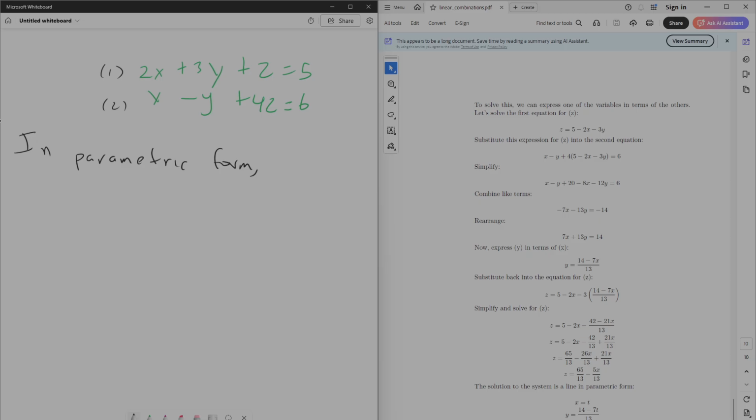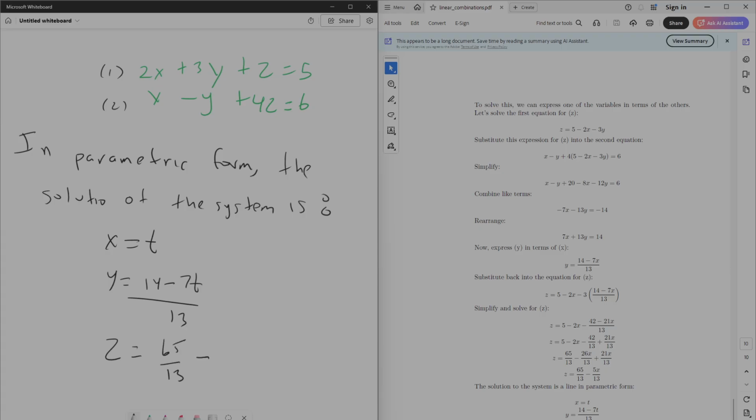The solution of the system is, we let x equal t, and then y we found to be 14 minus 7t over 13, and z is equal to 65 over 13 minus 5t over 13.